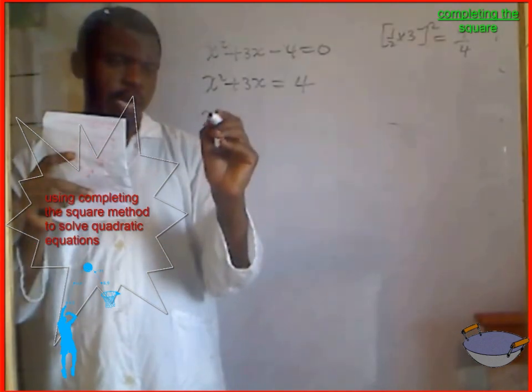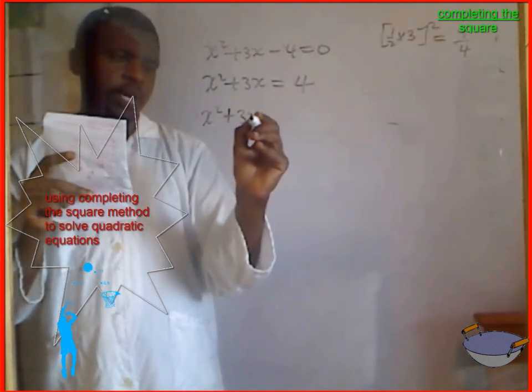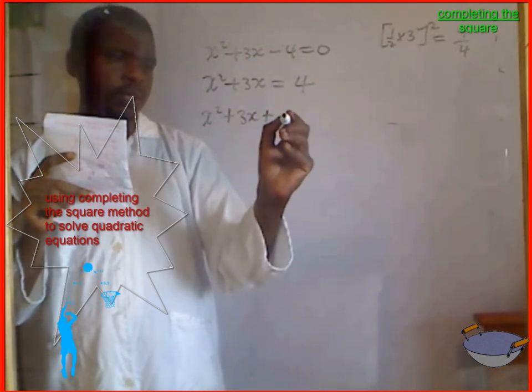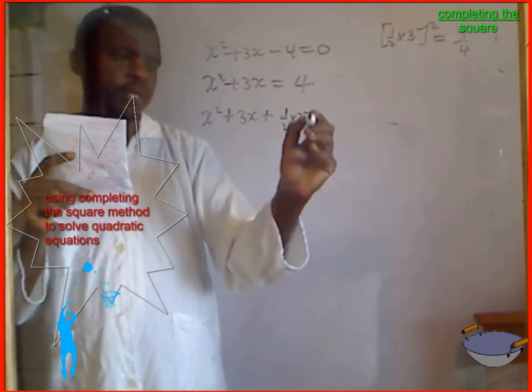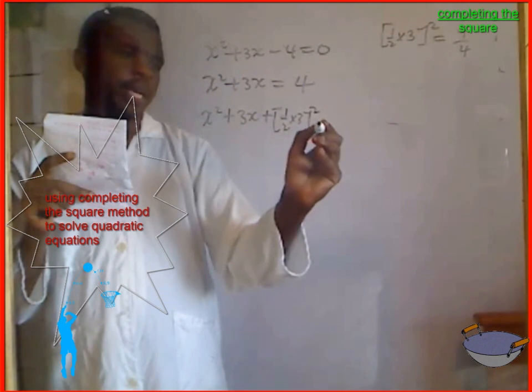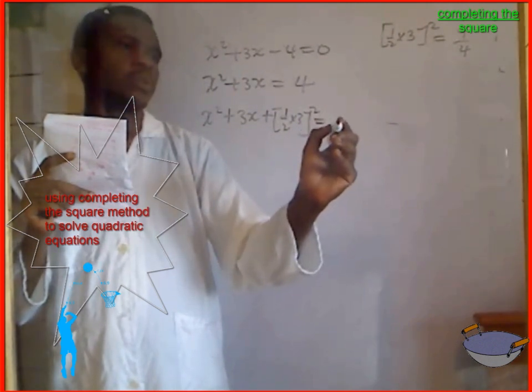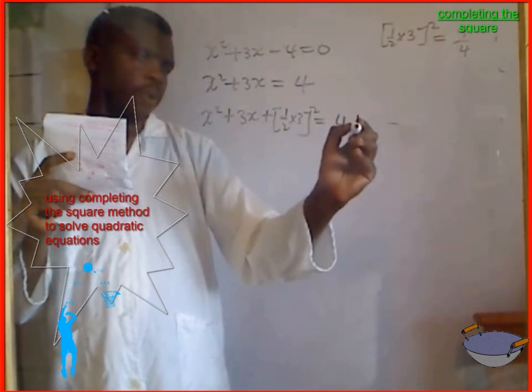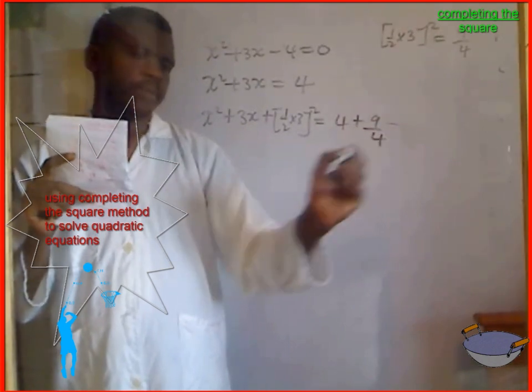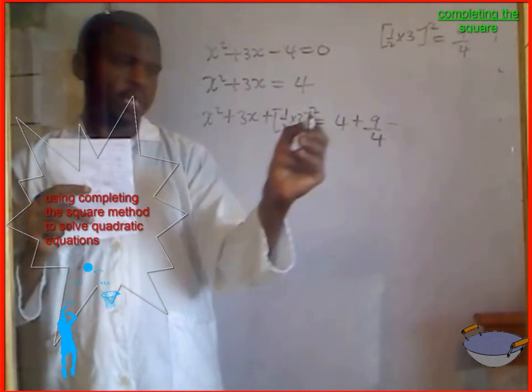So I'll say x squared plus 3x plus half times 3 all squared is equal to 4 plus 9 all over 4. Let's factorize this.